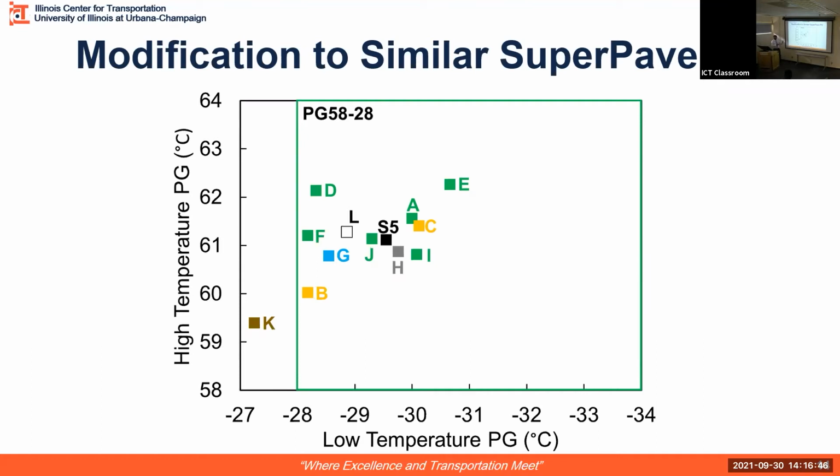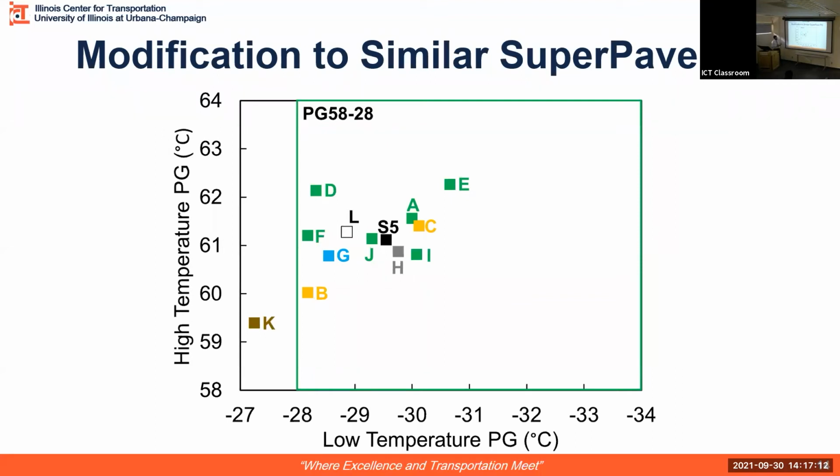However, we'll see how that is not the case, as these modifiers are different and have differences in chemistry, and that can impact the performance of the binder depending on the aging condition they are exposed to. So these modifiers were used with a base binder to produce 58-28.